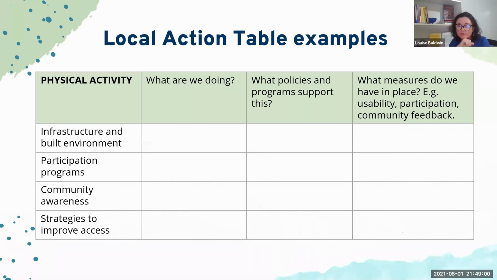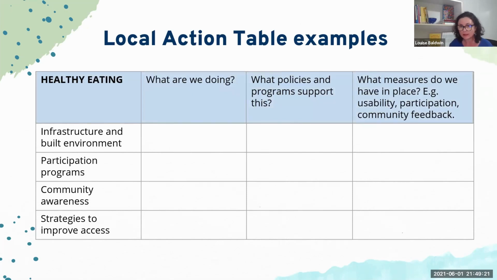And for issues like physical activity, it's important to look at a range of different actions. What's happening in infrastructure and the built environment, what's happening in participation programs, community awareness, strategies to improve access to physical activity.